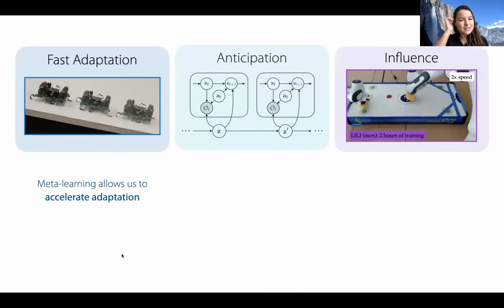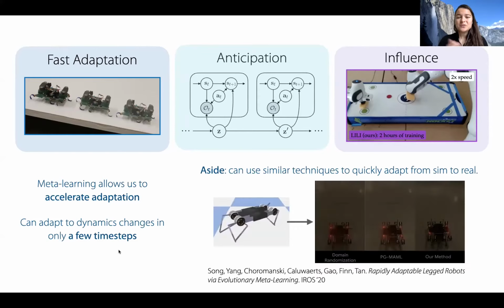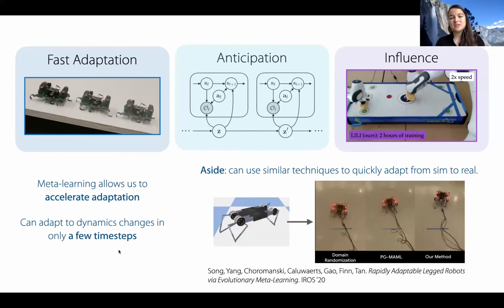Okay, so the takeaways here is that meta learning essentially allows us to accelerate adaptation to go from an afternoon's worth of data to just a few time steps of data. And it allows us to adapt to these dynamics changes with just a few time steps. And also, as an aside, we can use similar techniques to not just quickly adapt to these dynamics changes, but also to quickly adapt from simulation to real and get a policy that can adapt to the real world much more effectively than the policies that we get with domain randomization.